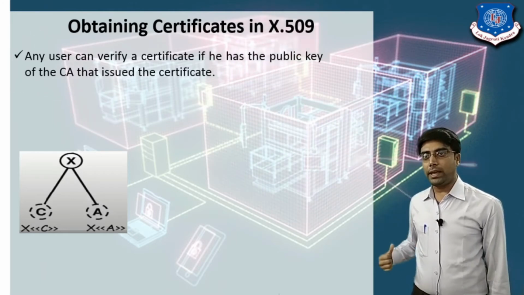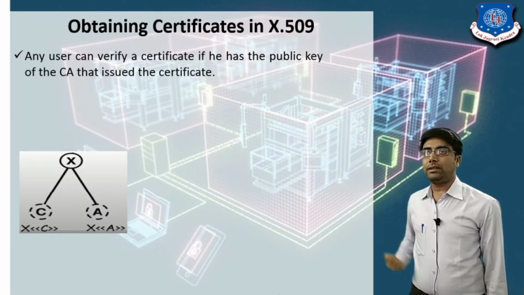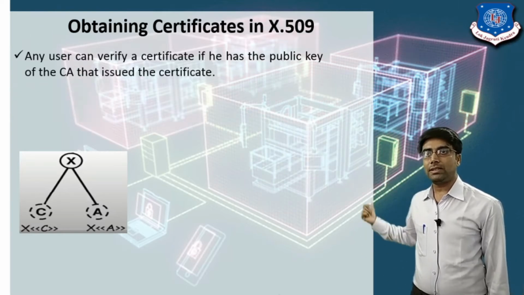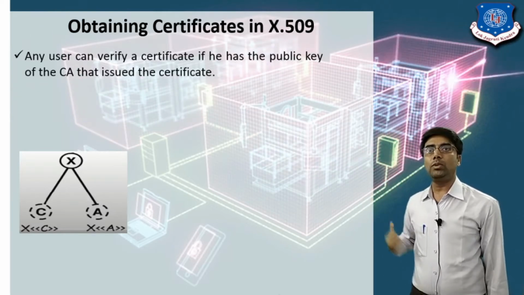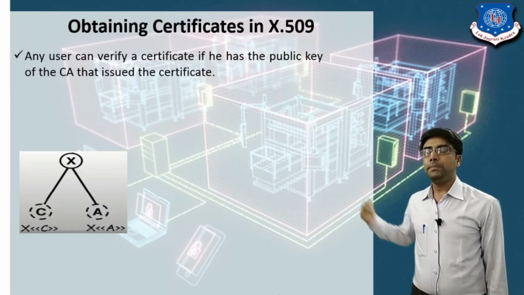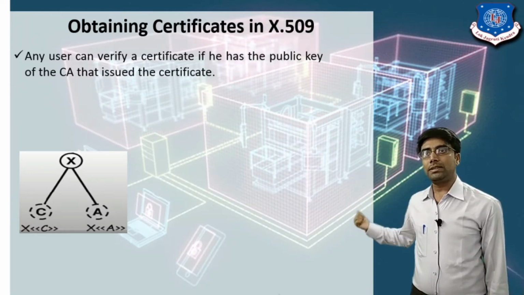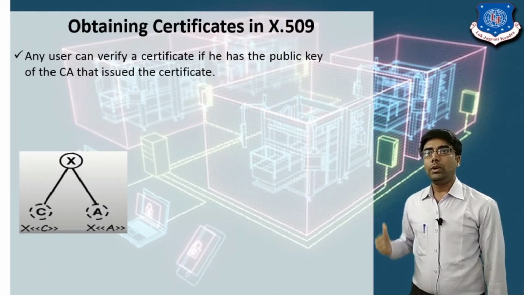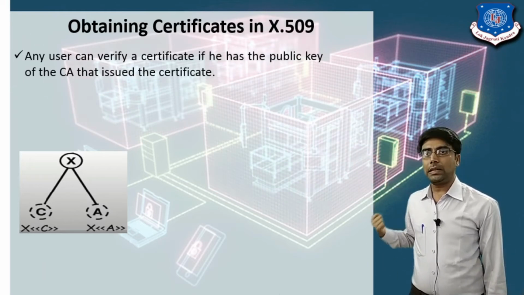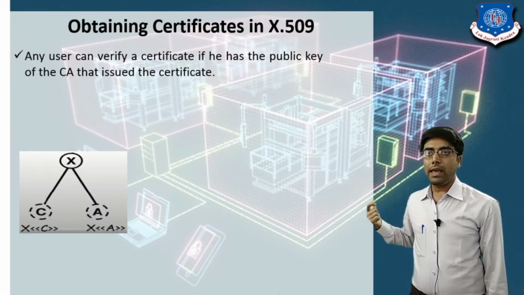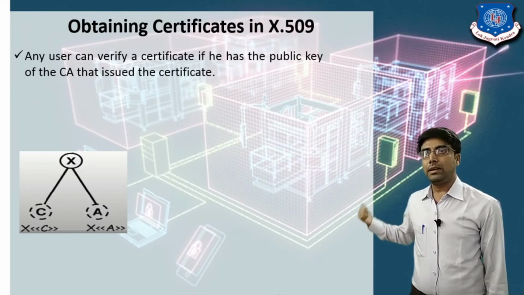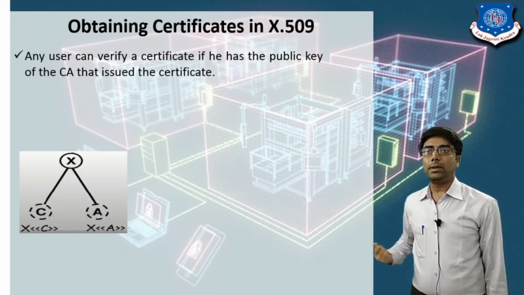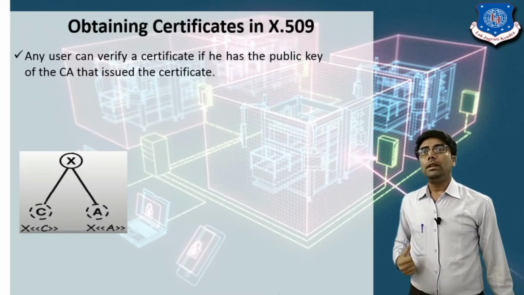Same for user A. User A wants the certificate, so user A will share their public key with the certificate authority, and the certificate authority will generate the certificate and send it to user A. The notation X of A means the certificate of A is generated by the certificate authority.